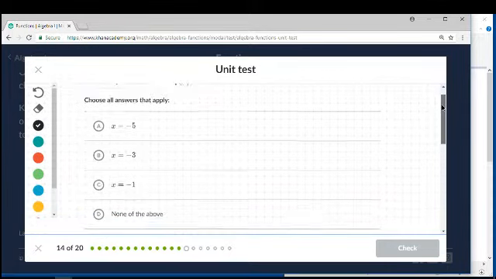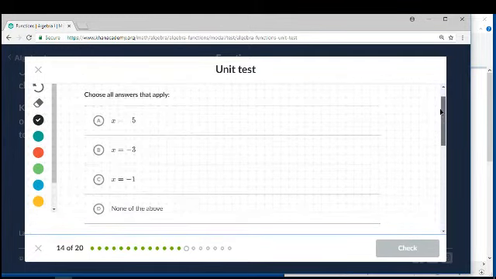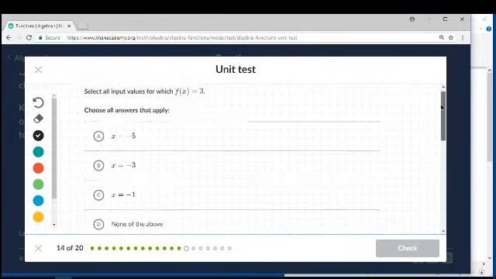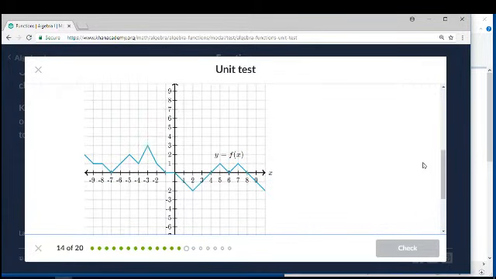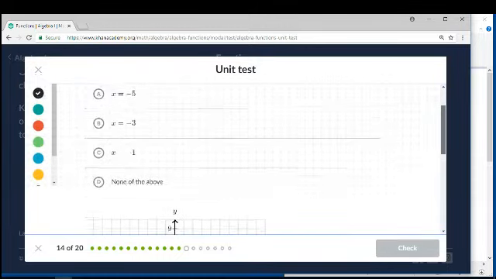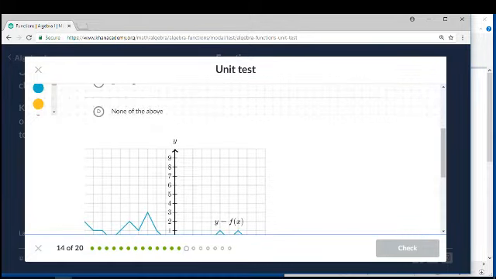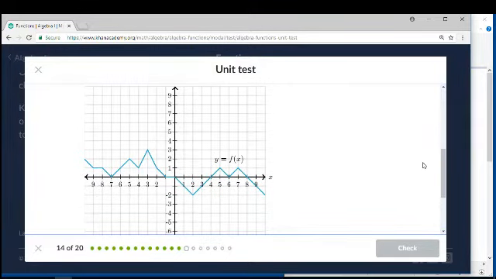For all input values in which f of x is equal to 3, choose all answers that apply. So when f of x equals 3, right here, that function is going to be valid when x equals -3, and that's it.